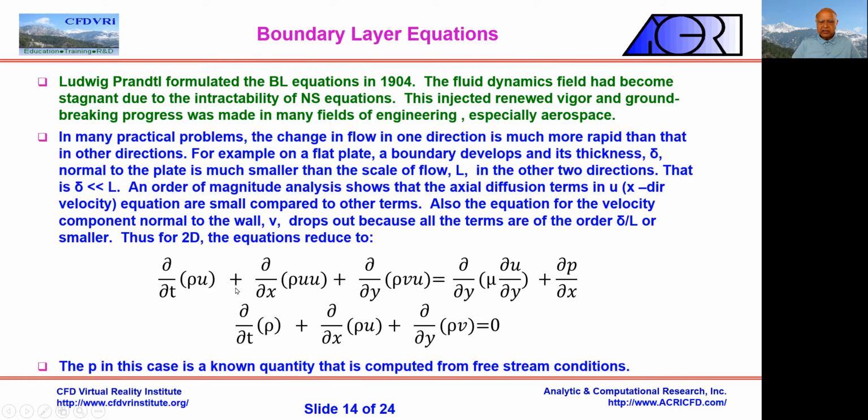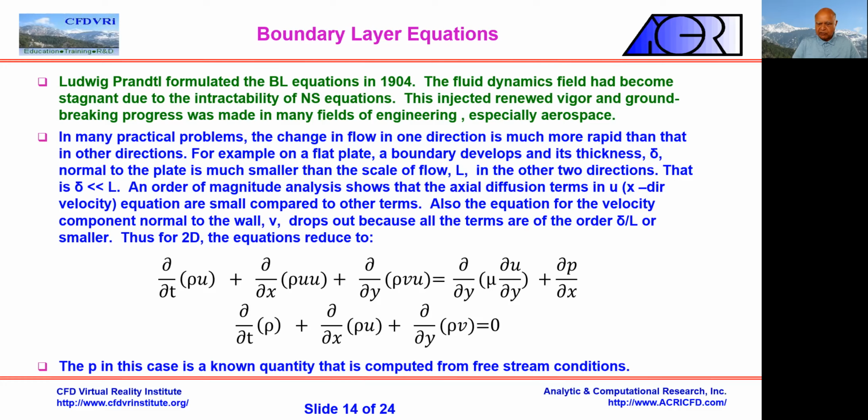So there are three variables here, U, V, and P, but it so happens that under these assumptions, pressure is a known quantity that is computed from the free stream conditions. In other words, if you do the basic analysis, you will see that the pressure gradient is determined by the outside flow, not by the boundary itself.